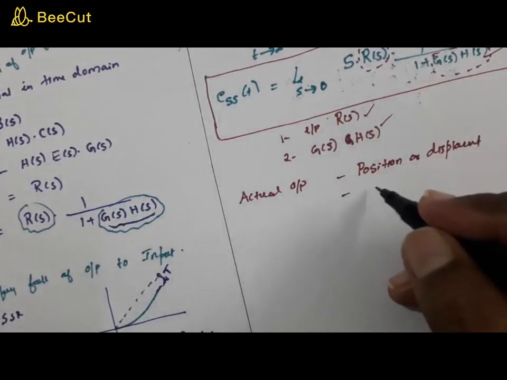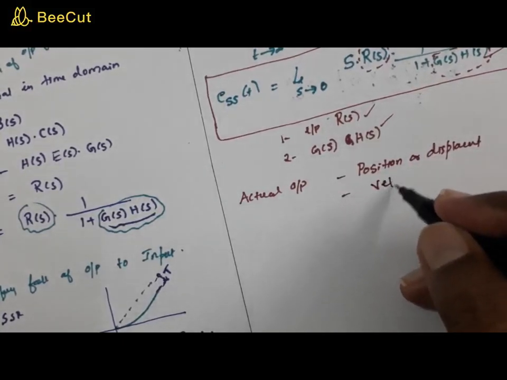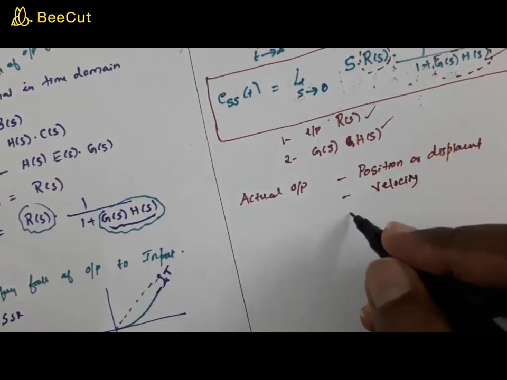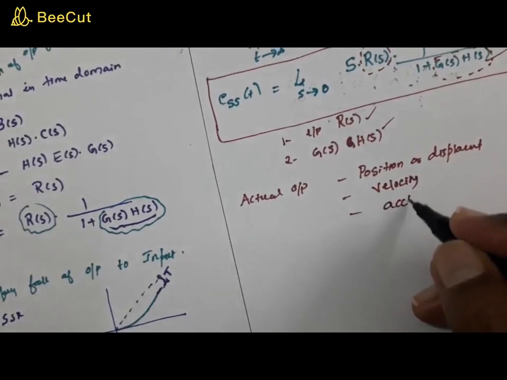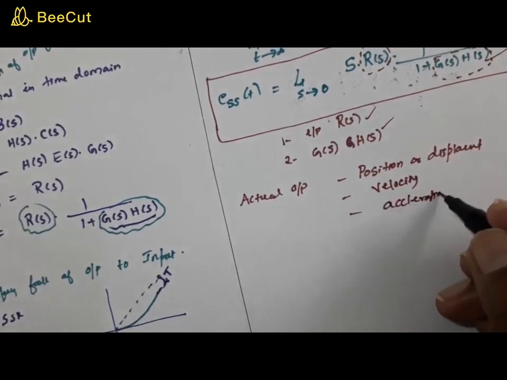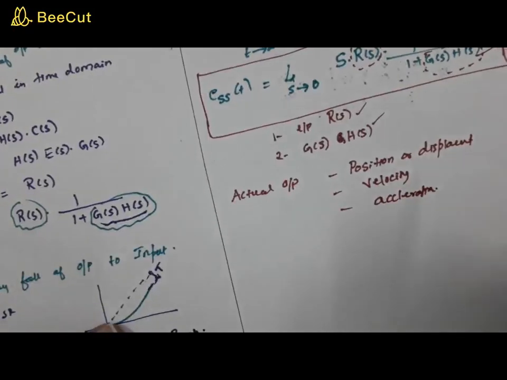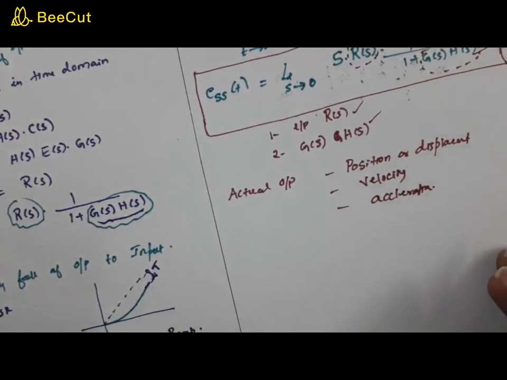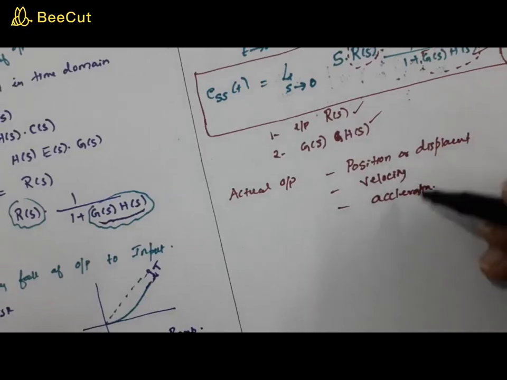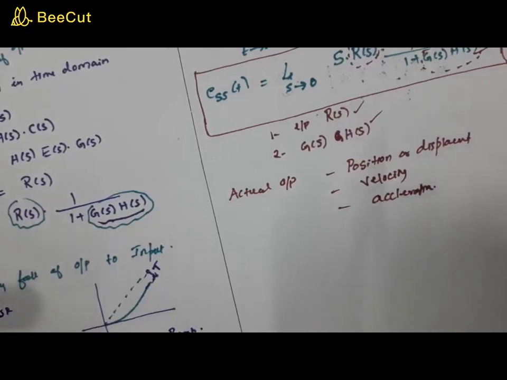Or the actual output may be a velocity, or an acceleration. That is the actual output of a control system physically, in practice.